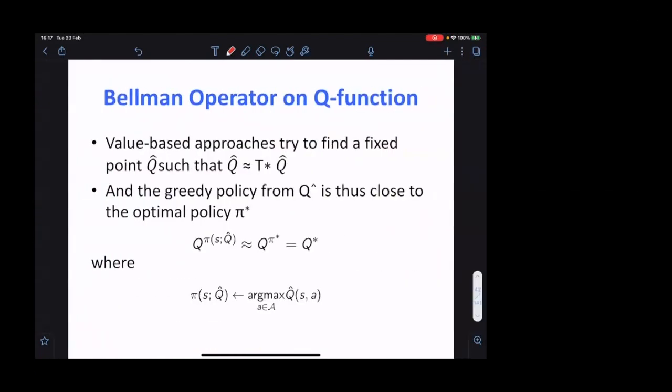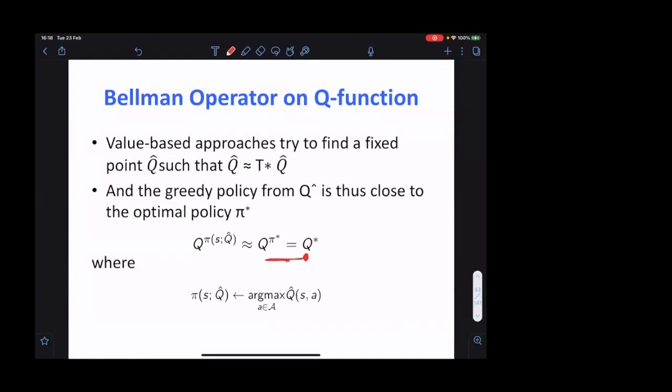So you could apply this Bellman operator on this Q function, and the same thing holds: when you have the optimal pi, you get the optimal Q function. It's just notation.